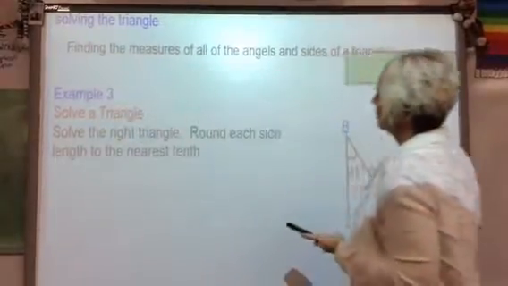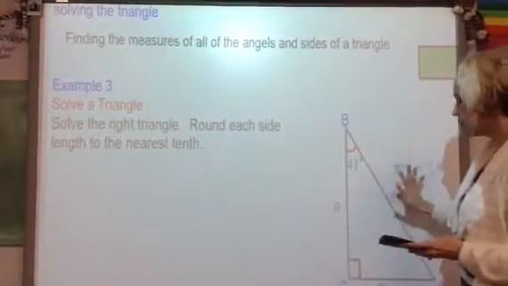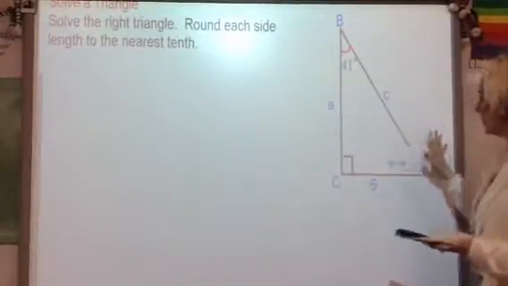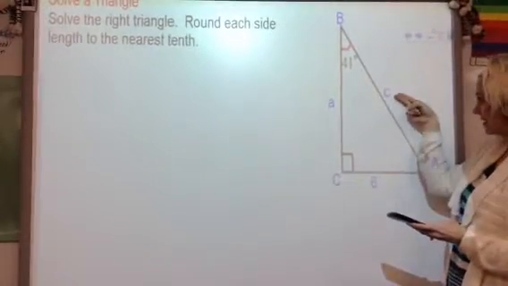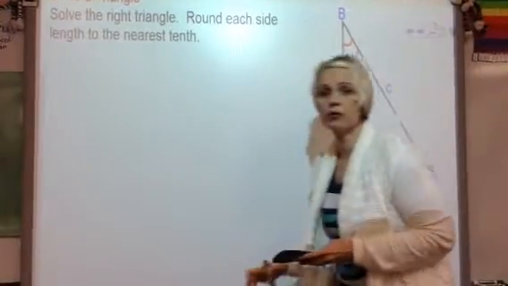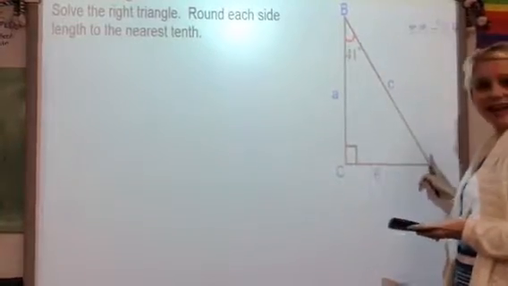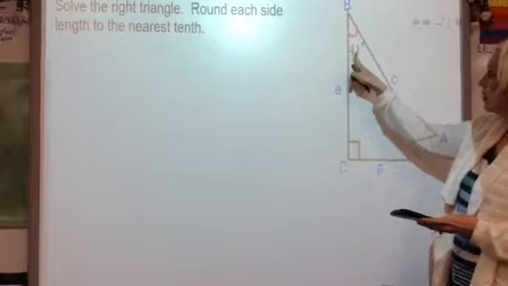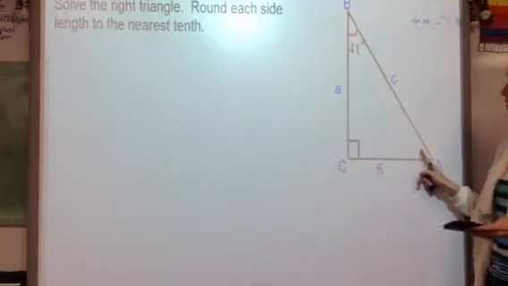Solving the triangle is finding the measures of all the angles and sides of a right triangle. So here is my right triangle, and I want to find the measure of every angle and every side. I'm going to have to find A, C, and angle A. We always start with finding the missing angle because the triangle's angles add up to 180 degrees, and if I know this is 90 plus 41, this one has to sum up to 180 degrees.